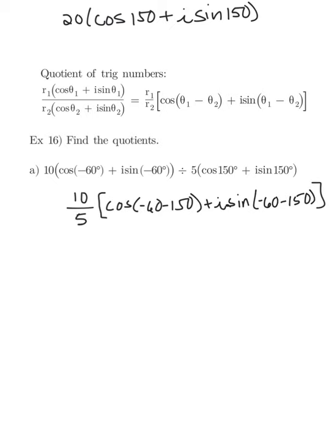So our quotient then is 2 times the cosine of negative 210. And we're just putting parentheses around the negative 210 for readability purposes. Plus i sine of negative 210.